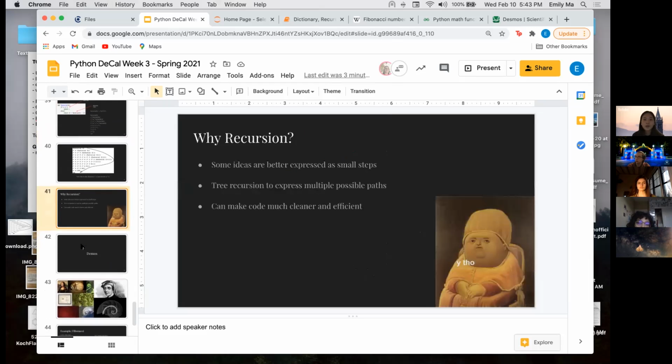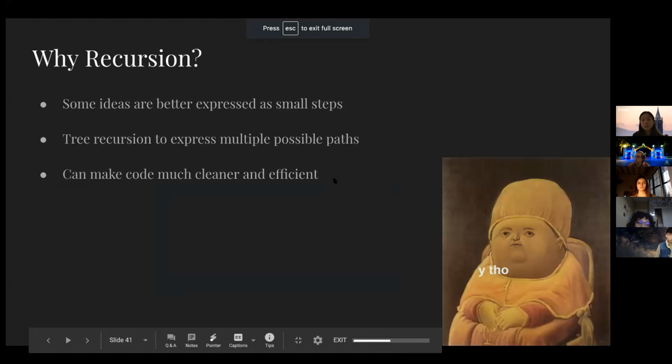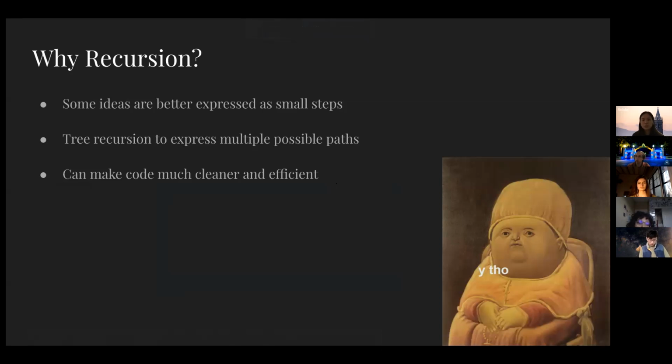Why would we use recursion? Some ideas are just better expressed as small steps. A lot of times you can use while or for loops, but it might be easier to represent it with recursion. There are also times when we definitely will need recursion, not really in this class, but in other CS classes, like tree recursion to express multiple paths, or algorithms like divide and conquer.